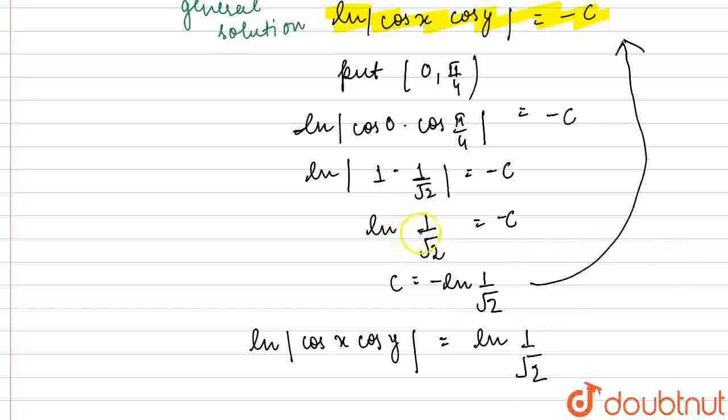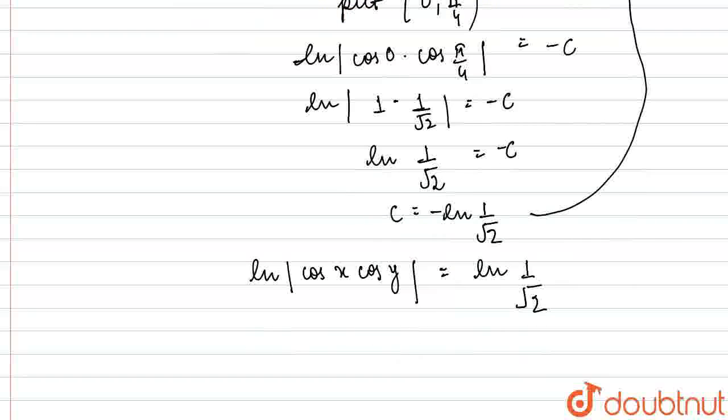Now the ln on the left hand side and right hand side will cancel each other. So this will become cos x into cos y is equal to 1 by root 2.